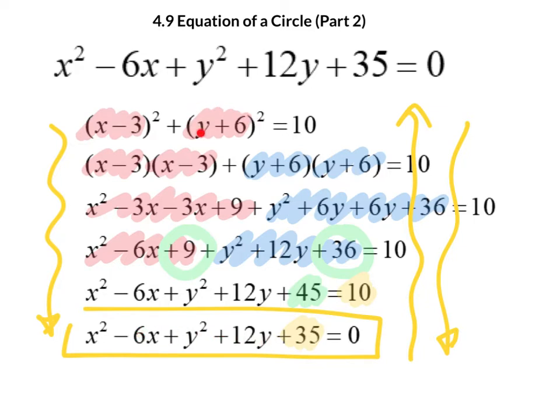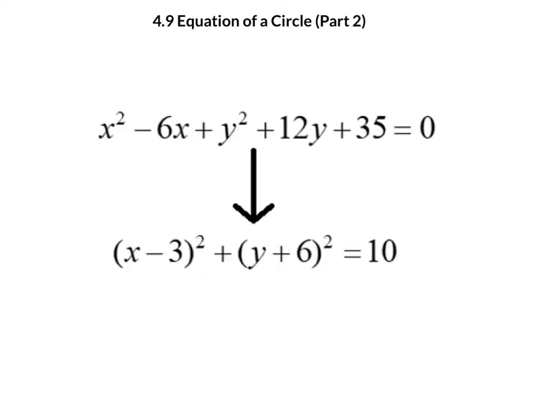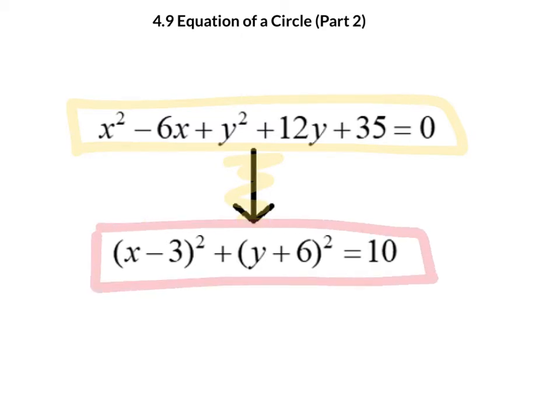This says (y plus 6) squared. These are known as perfect squares. So I'm going to teach you a process that takes a lot of loose things and puts them together in a completed square. Basically, this is the journey we want to be able to do: go from general, through a process, to obtain what we call the standard form.